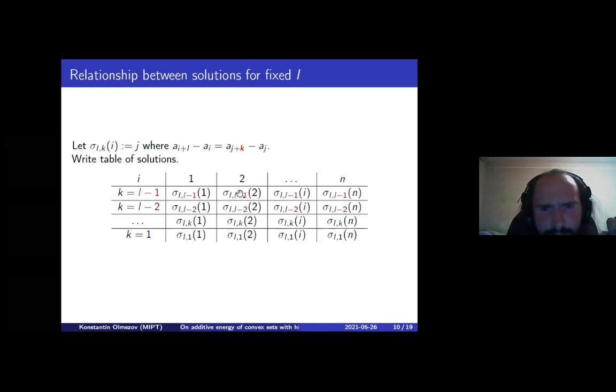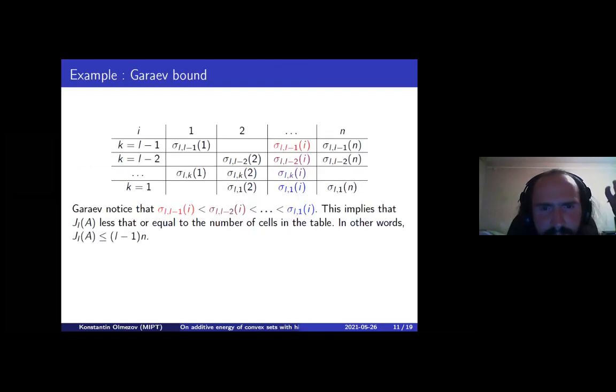Okay, here I illustrate how to see this table, how to navigate between its cells. And let's go to mathematics instead of illustrations.